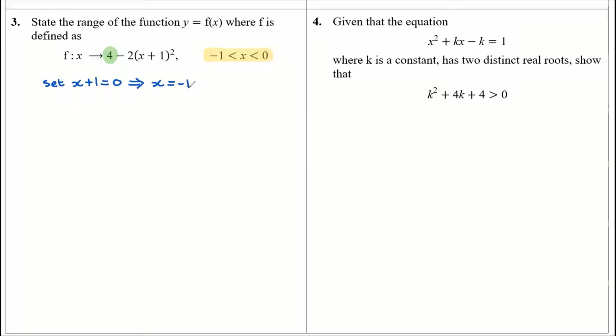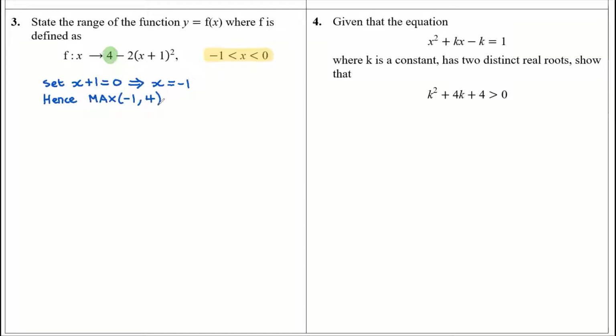So there is going to be a maximum point at the coordinates (-1, 4). Now -1 is on the boundary of our domain, so it is valid.